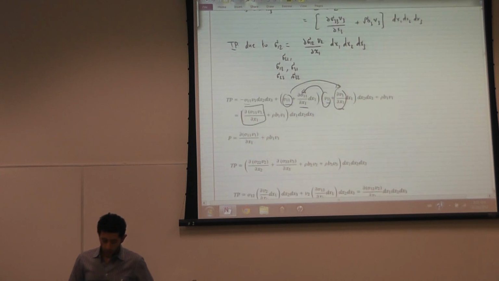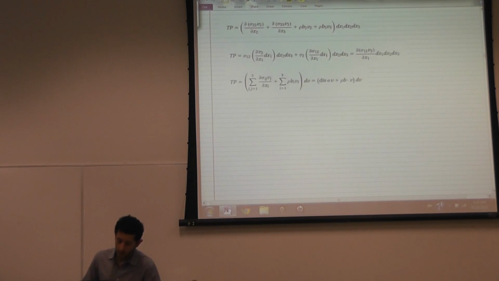And so you end up with a total power that looks like this: partial of sigma ij vi by partial xj, plus the sum of rho bi vi, multiplied by dV, where dV here is equal to dx1 dx2 dx3. This, by definition, is equal to the divergence of sigma v, and this is the dot product between rho b and v.